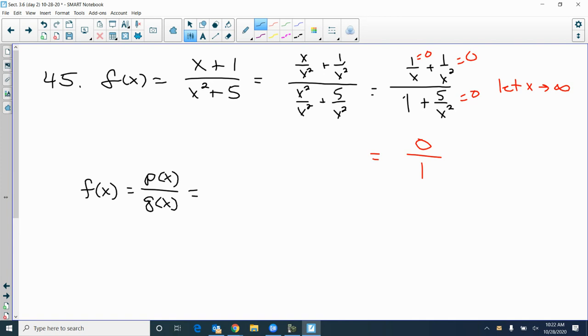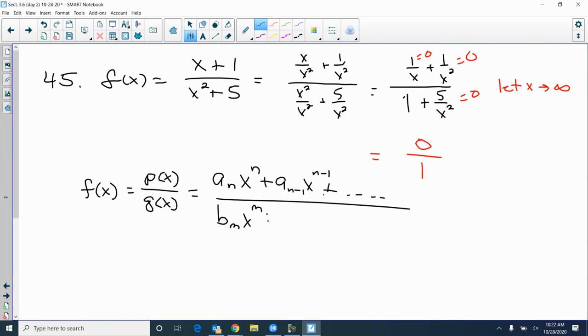It says a sub n x to the n plus a sub n minus 1, x to the n minus 1, all the way out. And the bottom one says b sub m x to the m plus b sub m minus 1, x to the m minus 1 plus and so on.